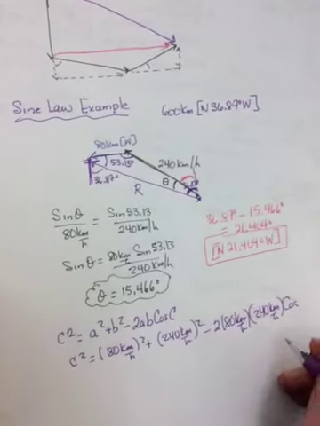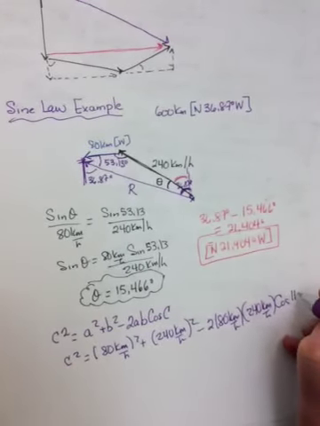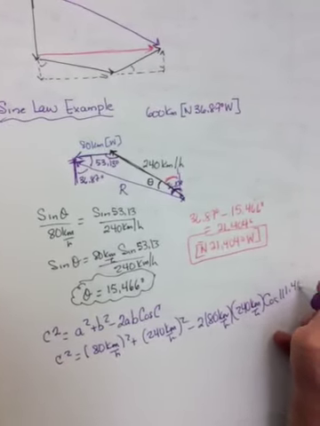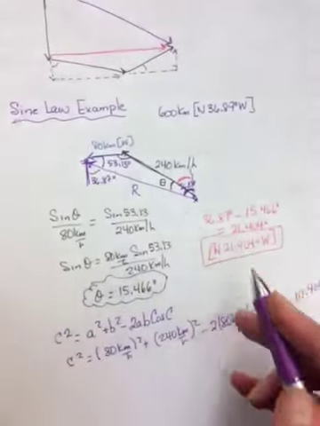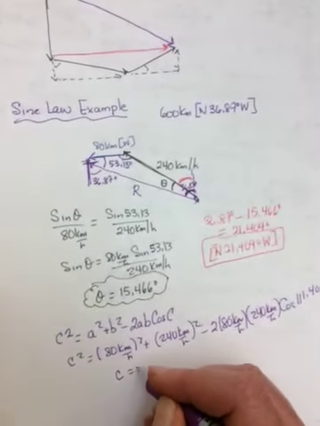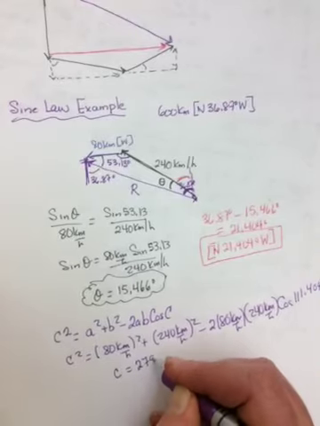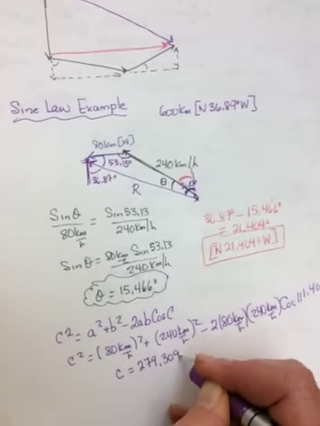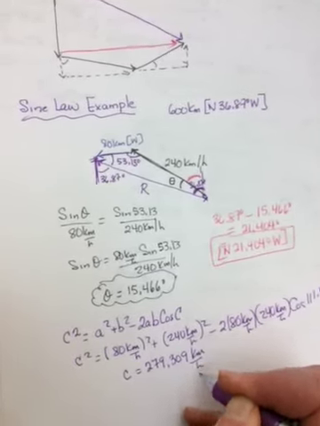Okay, and when you do the math, you find out that's 111.404 because they have to add up to 180. And so you get a c to be 279.309 if you can punch this in your calculator correctly.